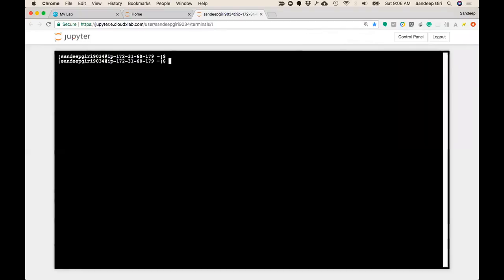Now what we are trying to do here is go to my ML folder and then the deep learning folder and say git pull.